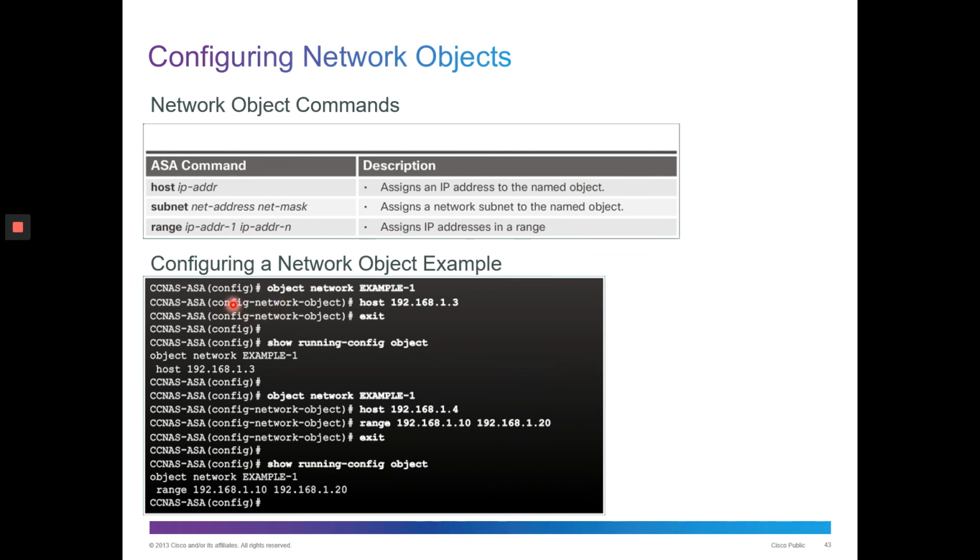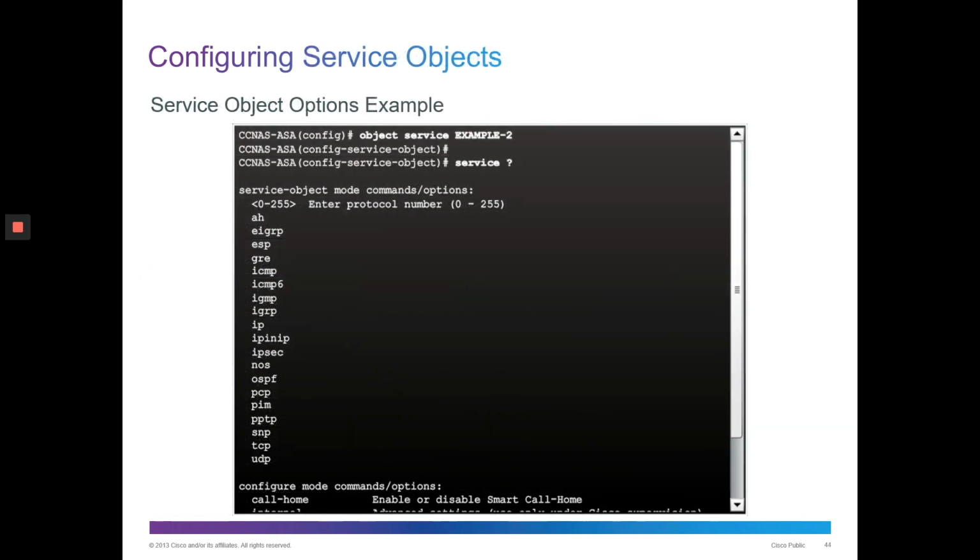So you go to global configuration, type in the command object, then network, give it a name, example 1 for example, and then add a host to this. Okay, and that's it. That's basically how you configure an object. Now you can apply this object to any sort of services. I will show you in a second how to do that.